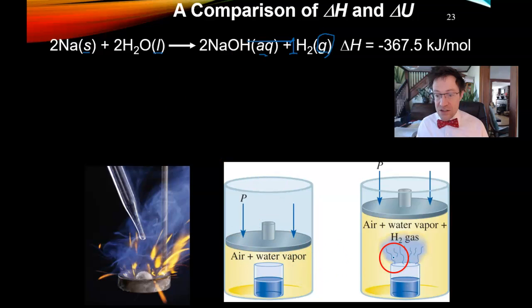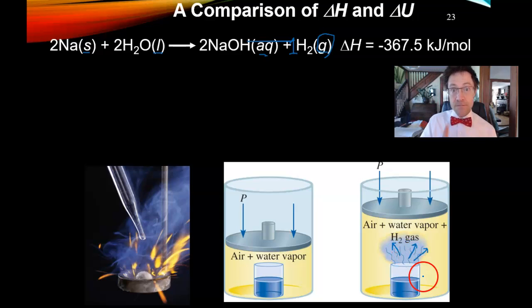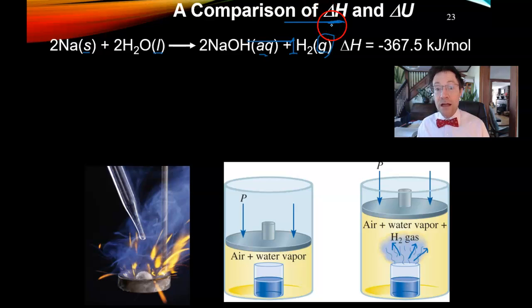As this happens, do you see how the hydrogen gas is being given off and it has to push out against its surroundings in order to expand, which means that this gas is doing work on its surroundings. So what that means is with our delta H for this reaction, it's not going to be purely like that, because this internal energy is going to drop a little bit because of the work that the gas is doing on its surroundings.